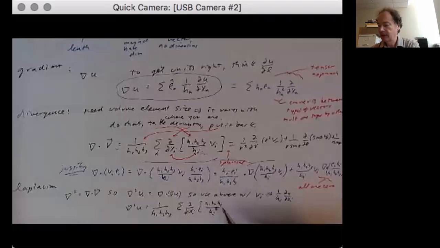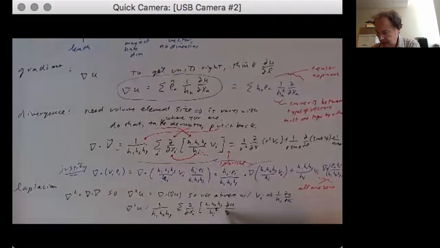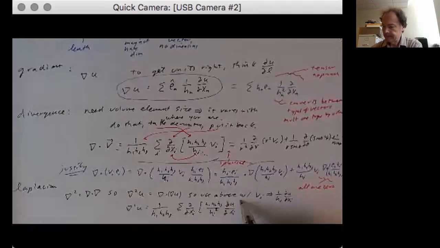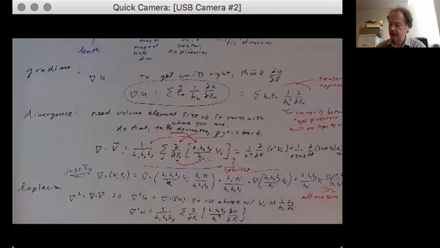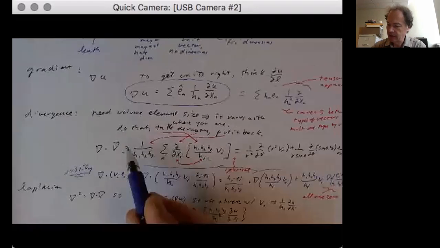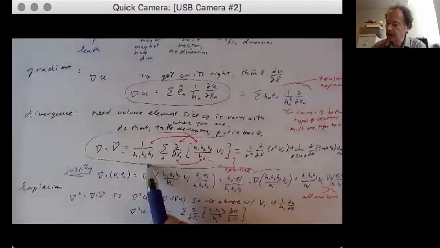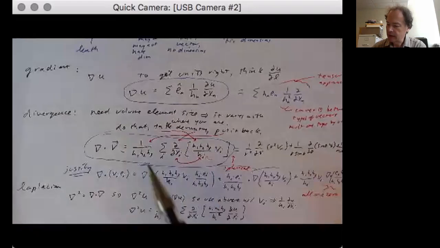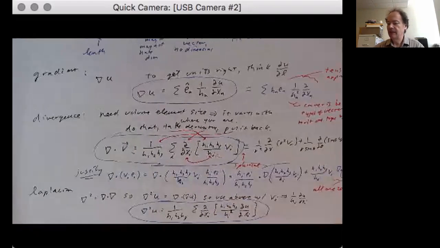So now, whichever one it is, you're going to have the other two divided by that one, times partial u partial x sub i. Right, so that is our, I guess I need to circle this one, and I need to circle this one. These are our main answers. And so this one easily falls from the other two. That's why we did the Laplacian next.